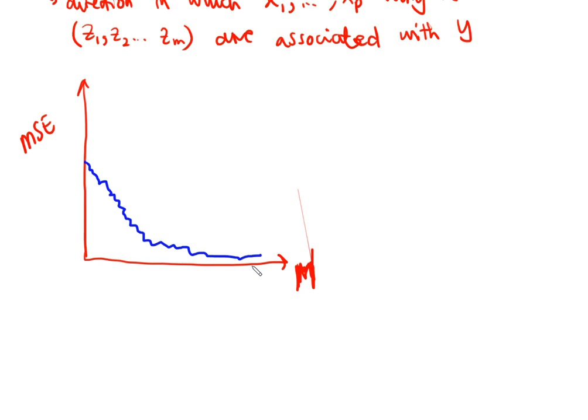And as you increase your M as well, your variance increases. Right? Your variance will increase.